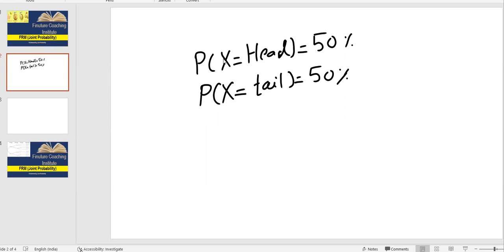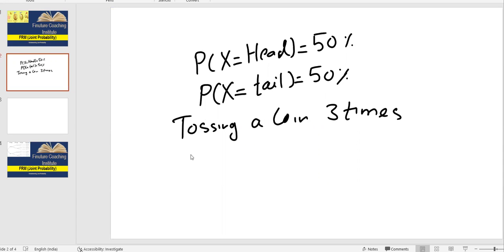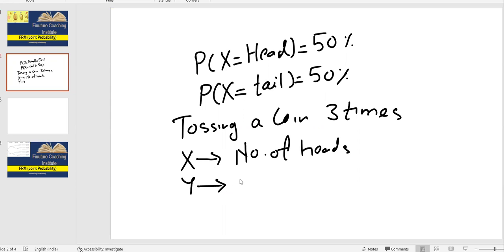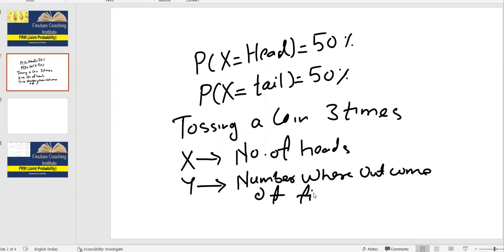Say for example, if I twist it slightly and make it tossing a coin 3 times, and now say your x variable is the number of heads that you get and your y variable is the number where the outcome of the first toss is head.